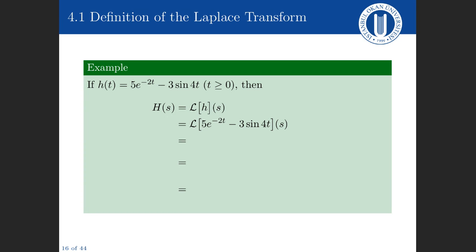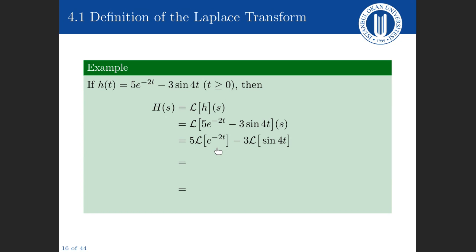For example, let's suppose we want to find the Laplace transform of this function h of t: 5 e to the minus 2t minus 3 sine 4t. I'm going to use the fact that the Laplace transform is a linear operator to separate it like this: 5 multiplied by the Laplace transform of e to the minus 2t, minus 3 times the Laplace transform of sine 4t.